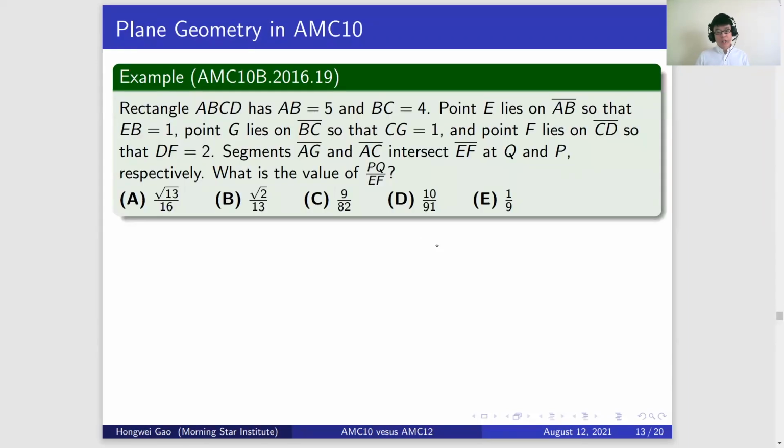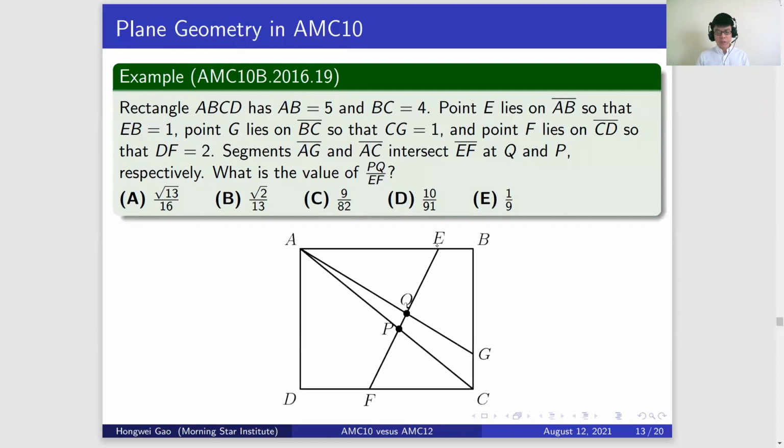Here we have a rectangle ABCD. Three points E, F, G are on three sides with prescribed locations. Connecting AG, AC, and EF produces two intersections, P and Q. The question here asks for the ratio PQ over EF.